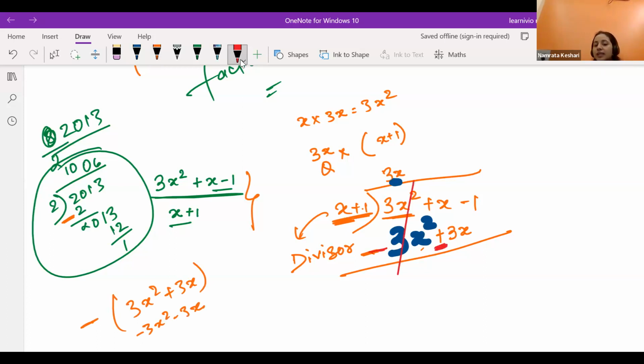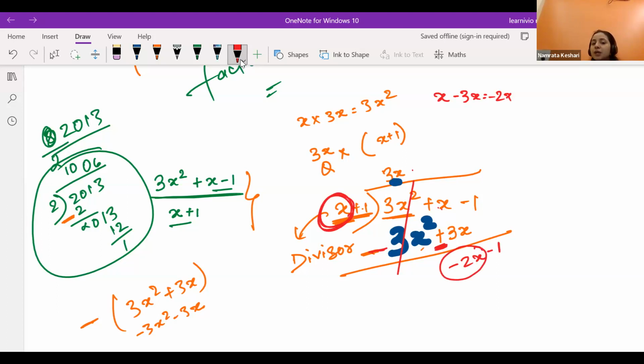These two cancel out, but here we are having x minus 3x. x minus 3x is minus 2x. Here we will write minus 2x and minus 1. Again, we ask the same question, what shall we multiply with the first term of the divisor so that we get minus 2x.